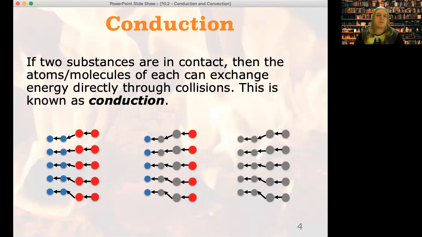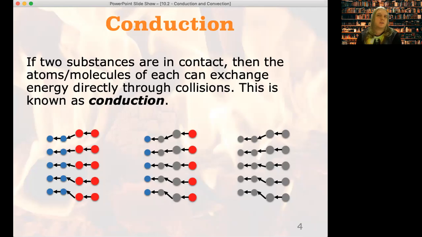This diagram here is just intended to show if you've got a hot object, the red molecules or particles, and the cold object next to it, the blue ones, then the red object with its higher kinetic energy will bounce into some of the blue ones. Those neighboring particles will hit each other first, and so they become a sort of in-between temperature. That's represented by the grey in this diagram.